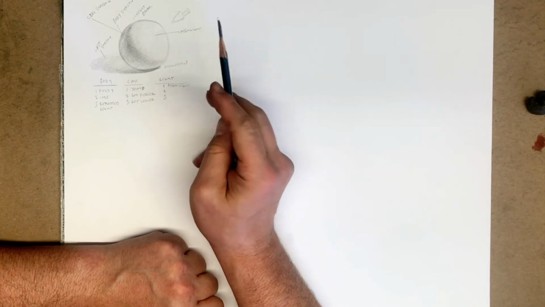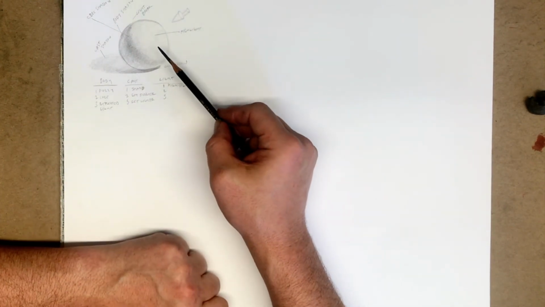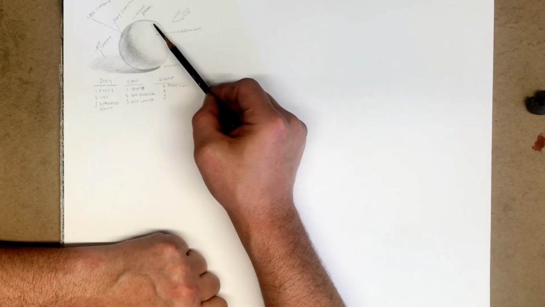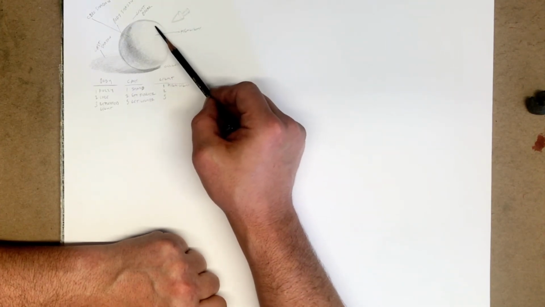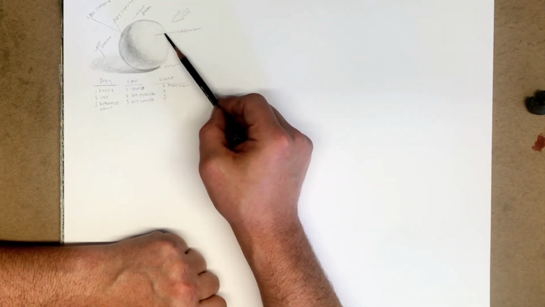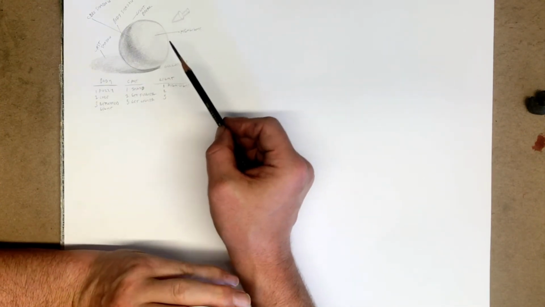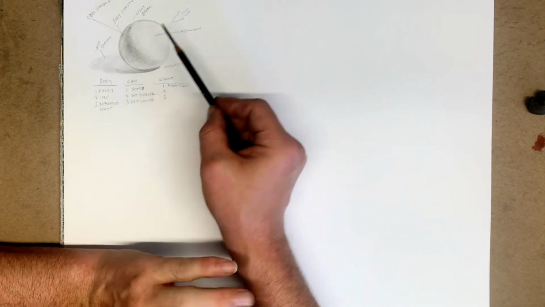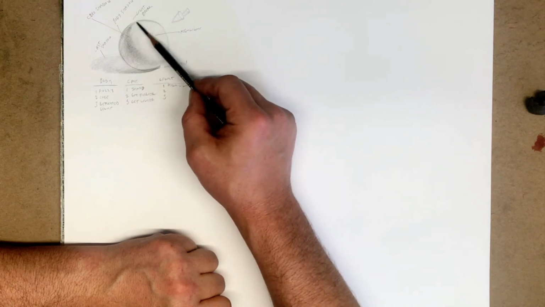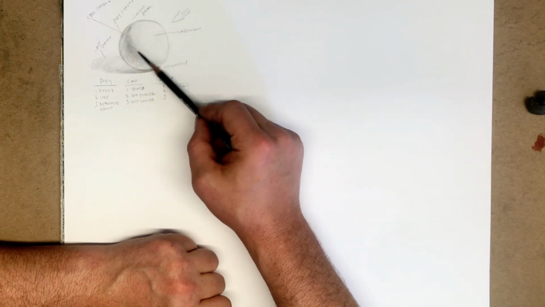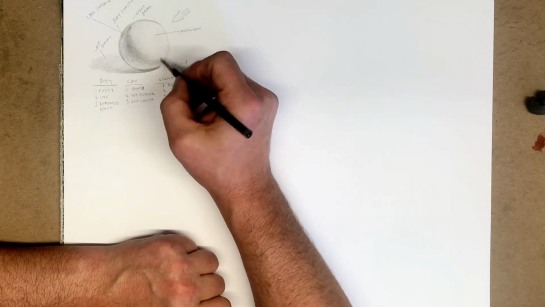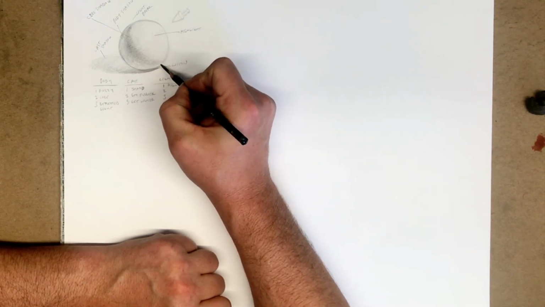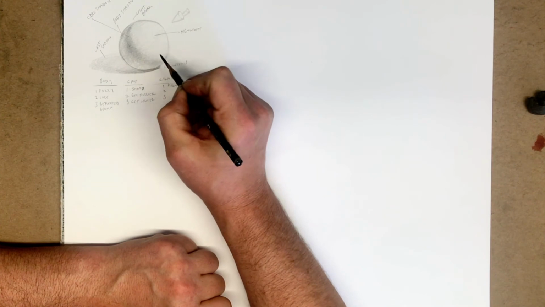Then you have the light, which is not all one value. The lighter area of the sphere is usually brightest where it's directly facing the light source. So it's going to be brighter here. And then gradually, little by little, as the form turns little by little away from the light source, the light gets dimmer. So light is not all one value. Nothing is all one value, frankly. We have constantly shifting, turning form.